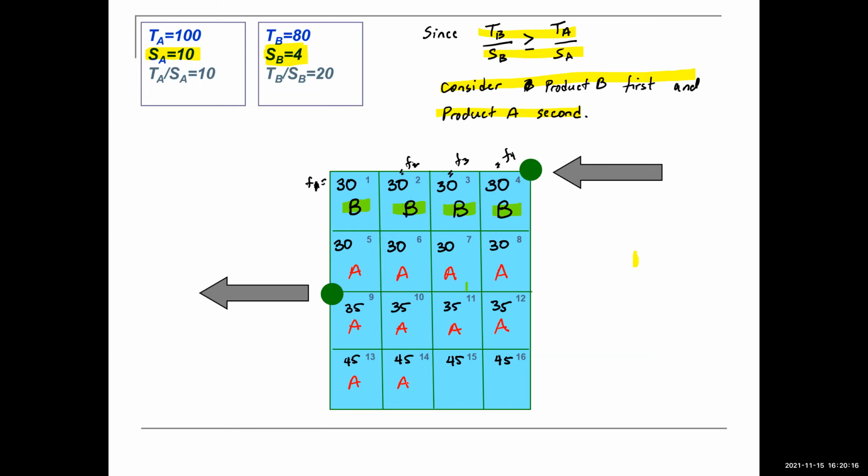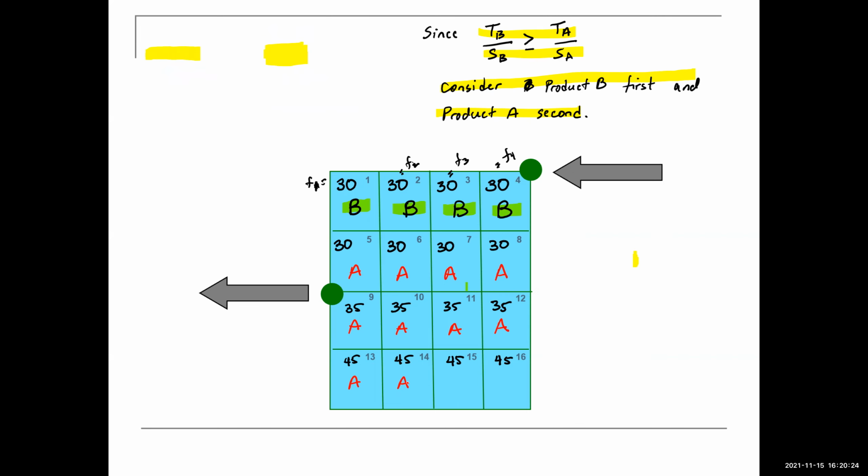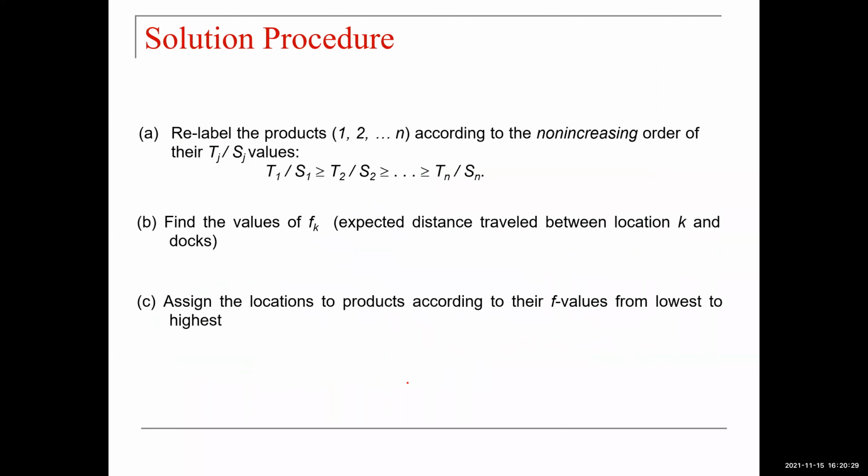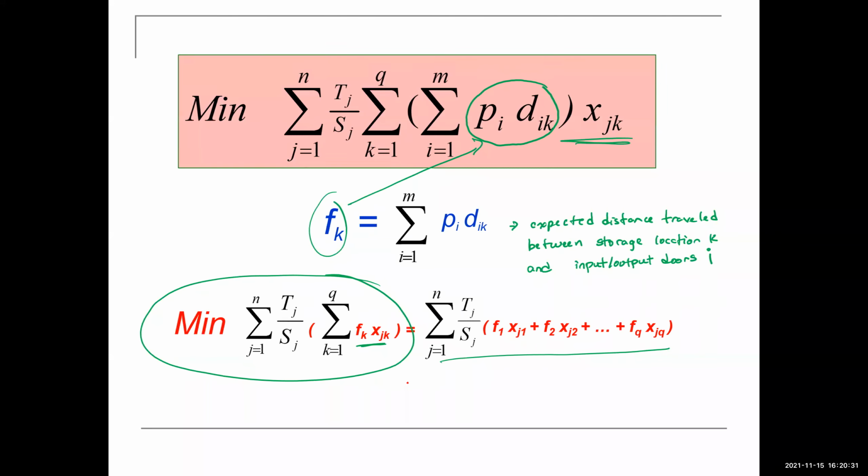Okay, so in summary, we have a formulation to solve this problem without having to go into this method. If you input all the parameters for this problem and you solve using the simplex method, or you use AMPL or Excel, you will get the same solution.